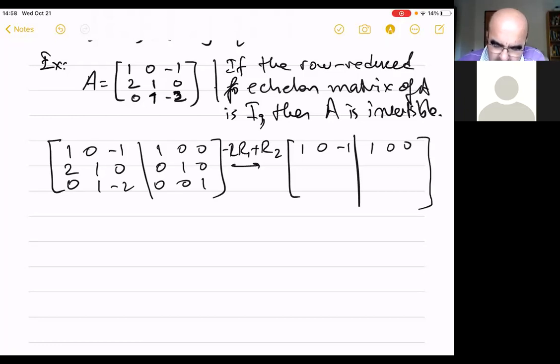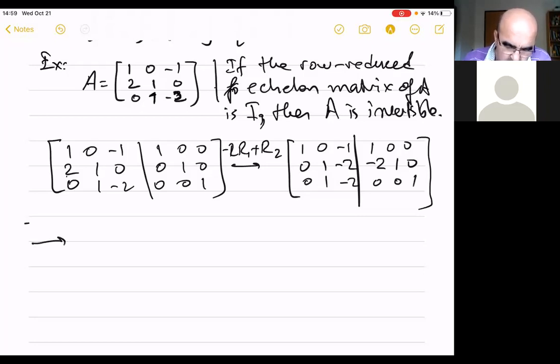And you multiply by minus 2 and add here: 0, 1, minus 2, minus 2, 1, 0. And the rest is the same: 1, 1, minus 2, 0, 0, 1. As you see, the second row and third row are the same. So that's a good example, actually.